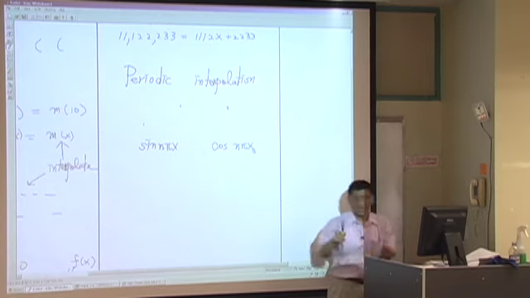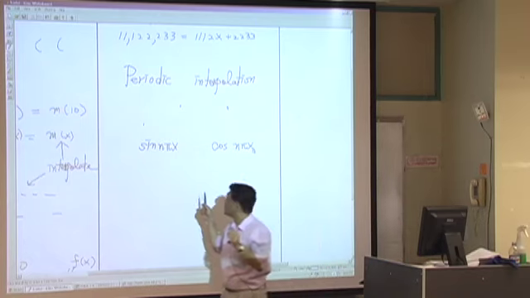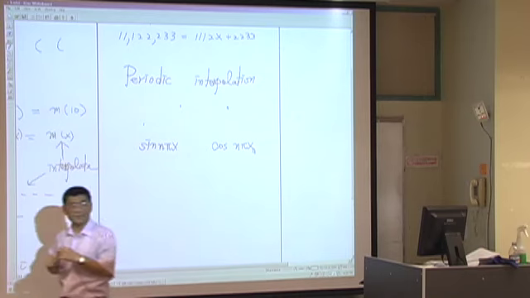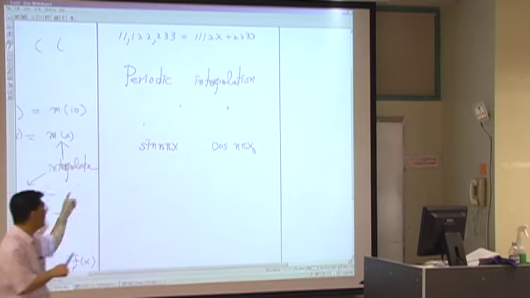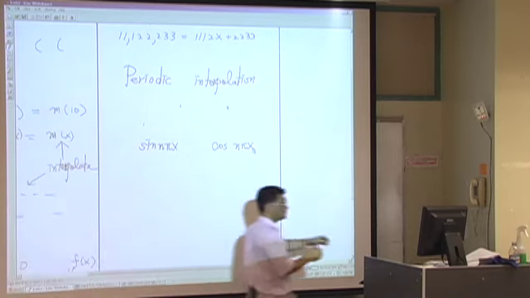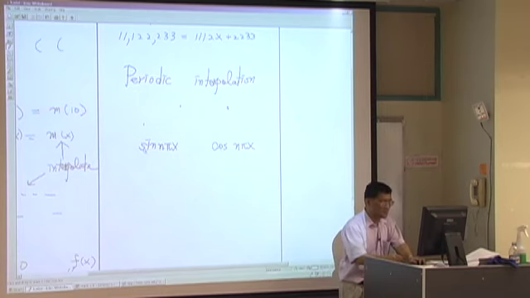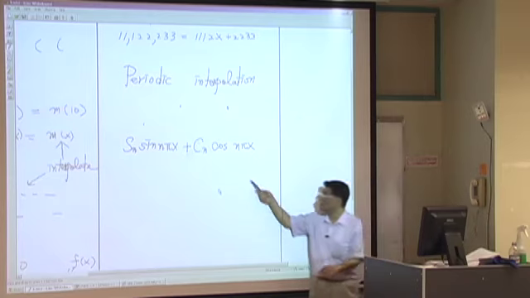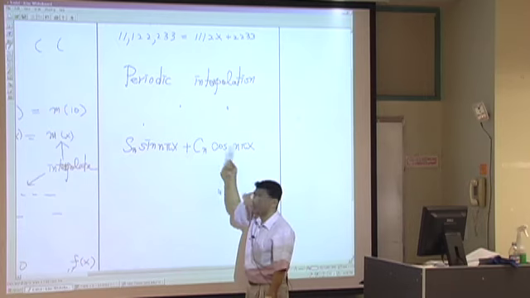So if you use periodic functions, then interpolation is nothing but the determination of coefficients in front of sine or cosine, right? So Sn represents the coefficients for the sine part, and Cn represents the coefficients for the cosine function, right?